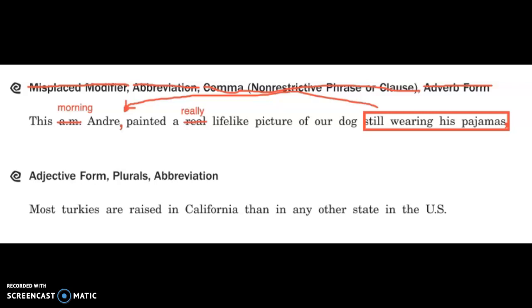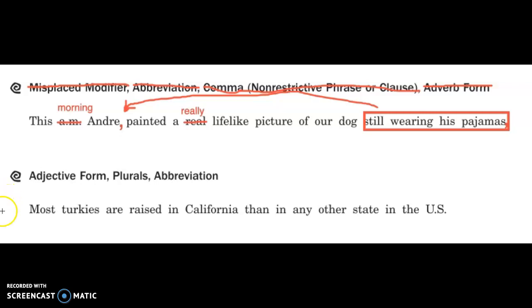First, let's take a look at adjective form. So back on our notes that we took, we talked about how adjectives and adverbs can be used to make comparisons. When we are looking at comparing two items, we would use the comparative more. If we were comparing 3 or more items, we would use the superlative most.